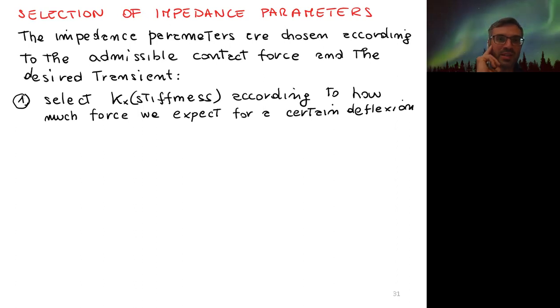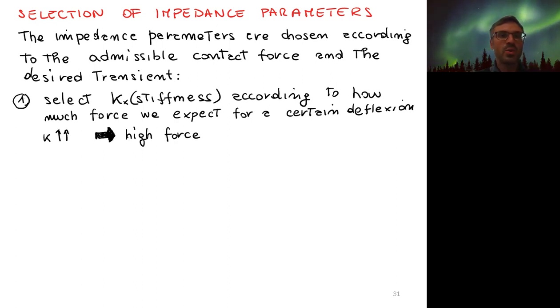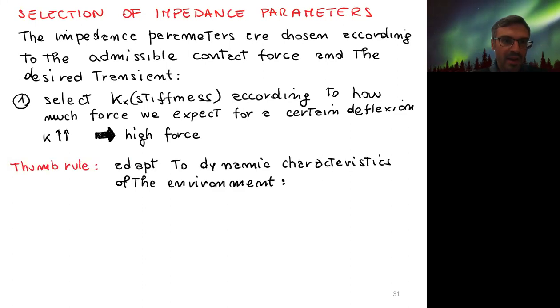In essence, you select the stiffness matrix according to how much force you expect for a certain deflection. If you increase the stiffness, you will have a higher force for the same deflection. The rule of thumb is, in general, to adapt the impedance to the dynamic characteristic of the environment.